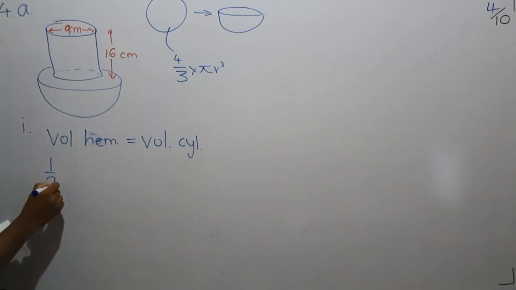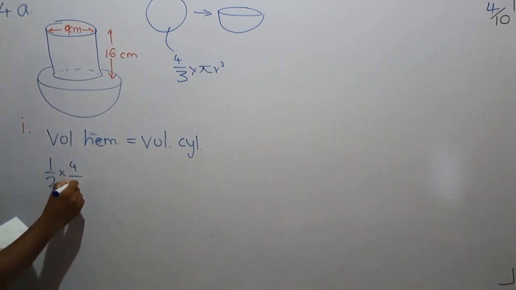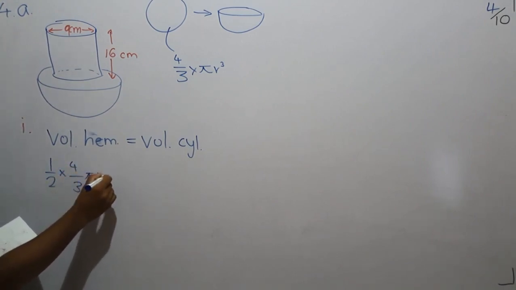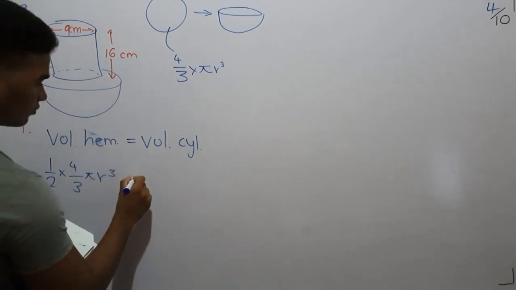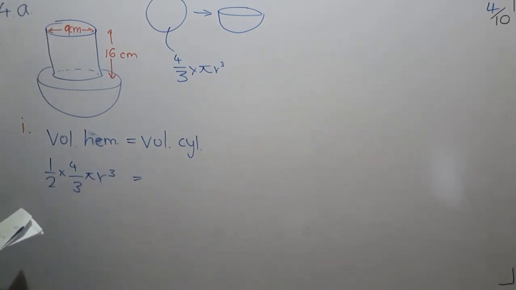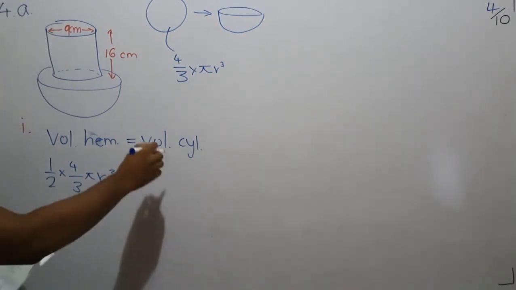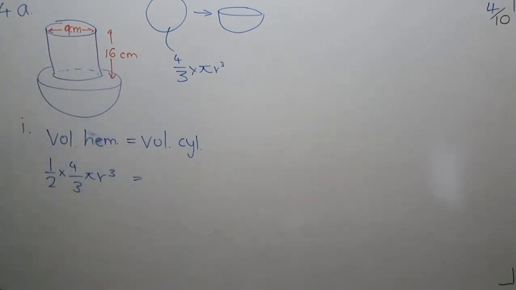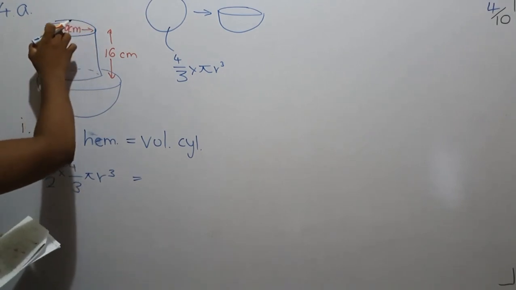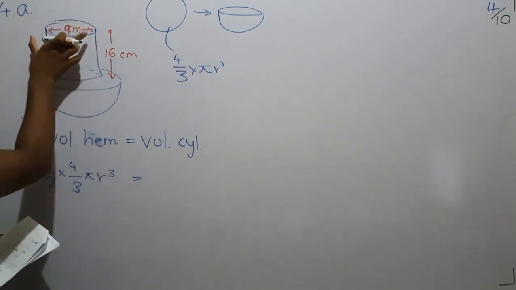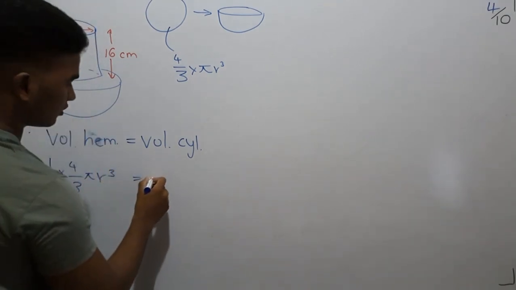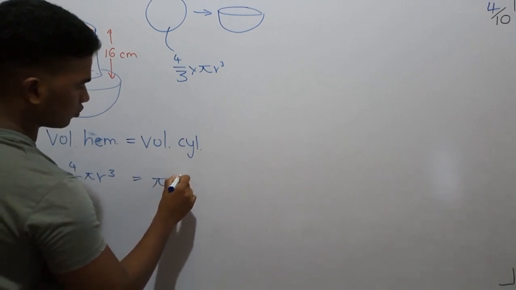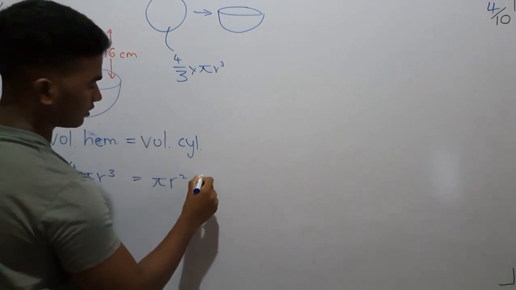Half into 4 divided by 3 pi r cube equals the volume of the cylinder, which is the cross-sectional area into the height. So cross-sectional area we can find as pi r square and the height as h.